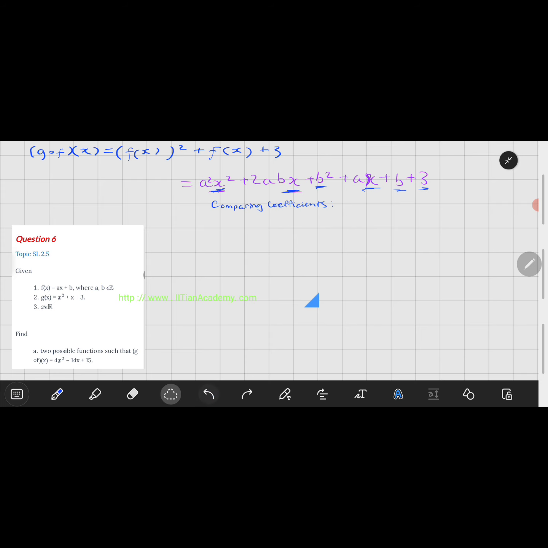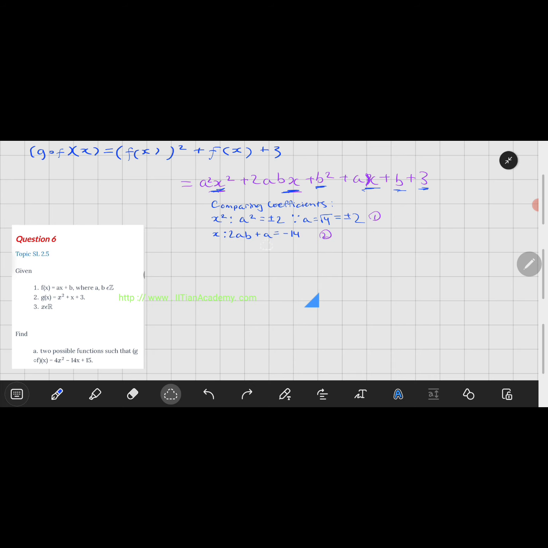As we begin to compare our coefficients, we will look at our own equation and the equation we are given. In our equation, for our x squared term, we have the term a squared, and in the other equation, we have the term 4. So a squared should be equal to 4, or a should be equal to root 4, which is plus or minus 2.